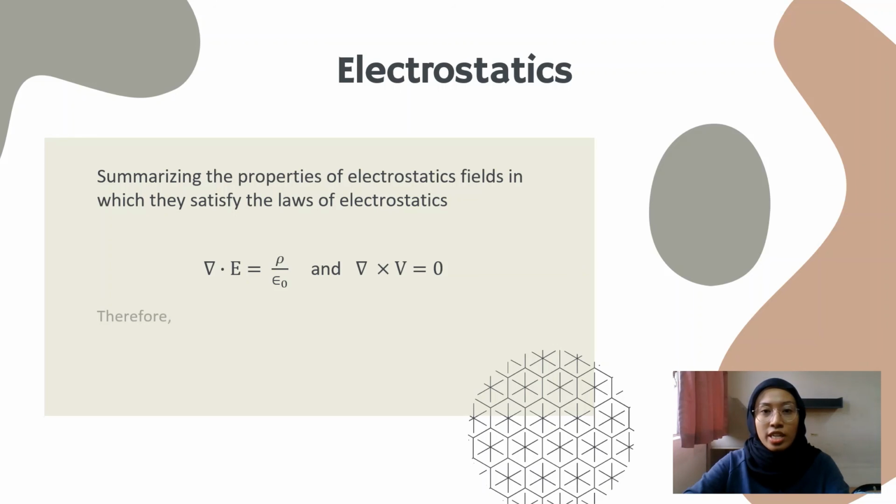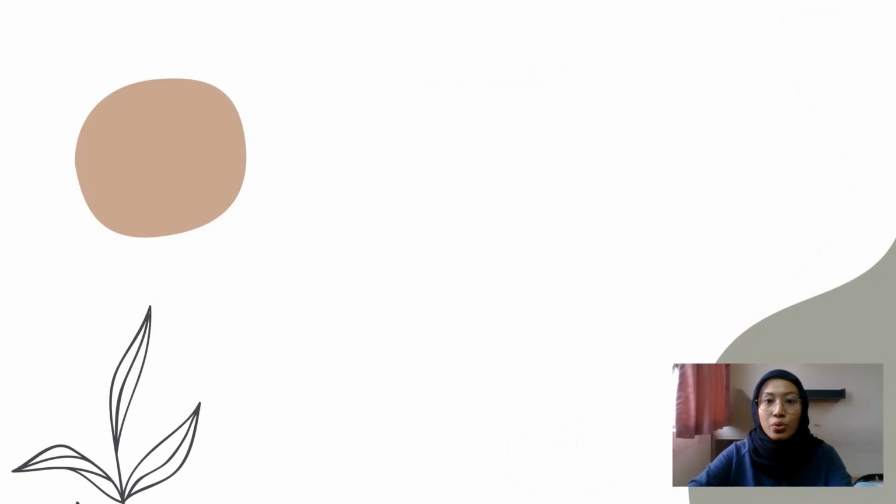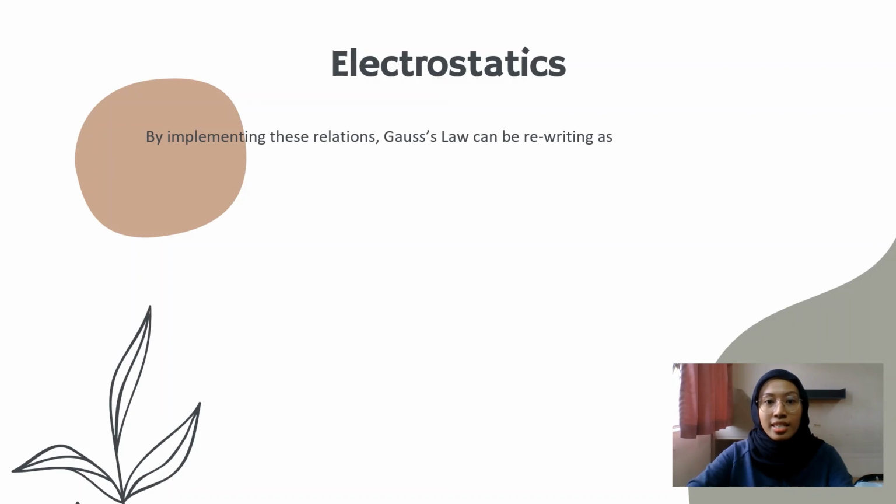Therefore, E is equal to negative del V as the consequence of del times E is equal to 0. By implementing this relation, Gauss' law can be rewritten as the equation shown, from which it satisfies the Poisson equation, where the equation is known as Laplacian of V.